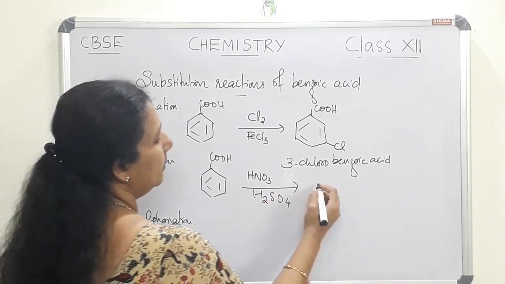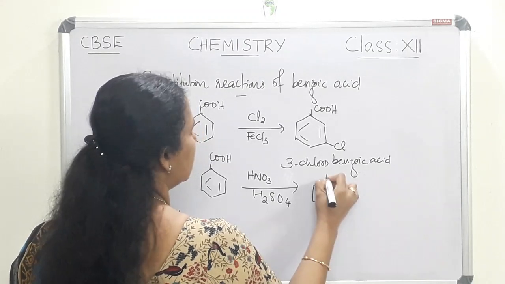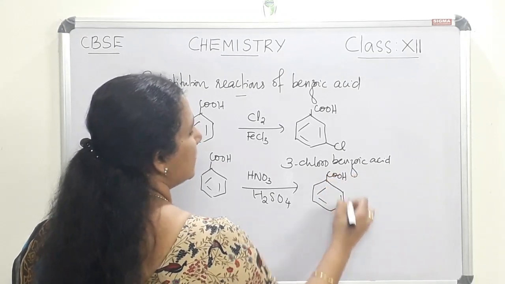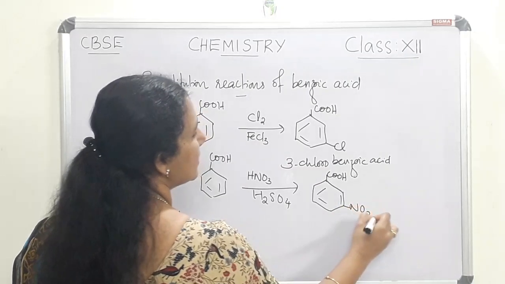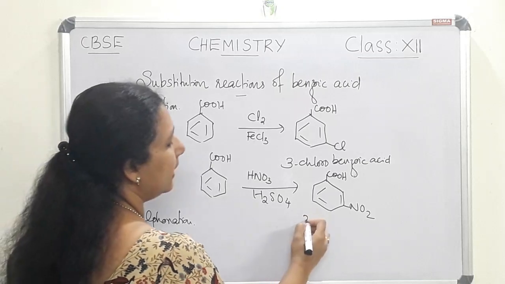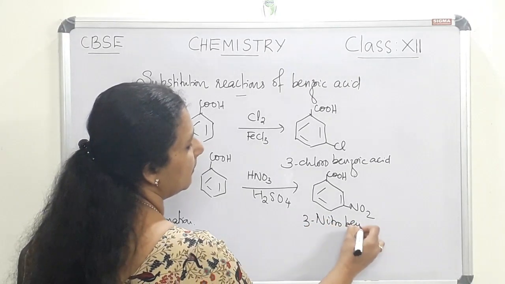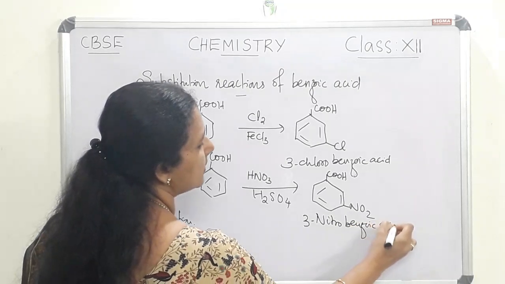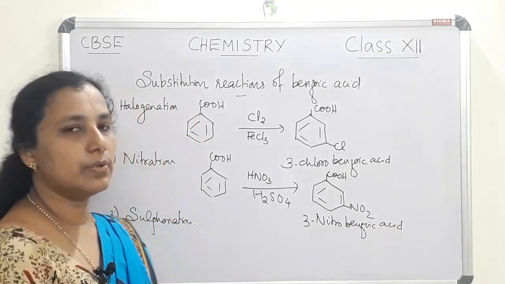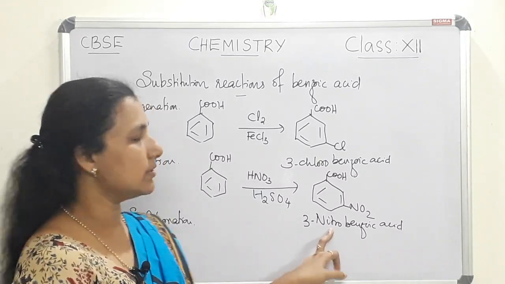So the incoming electrophile NO2 plus, that is attached at the meta position since COOH group is a meta directing group. So the name of this compound is 3-nitrobenzoic acid. So nitration of benzoic acid gives 3-nitrobenzoic acid.